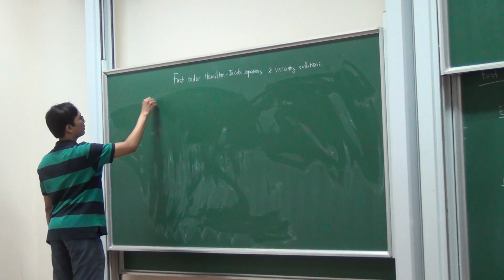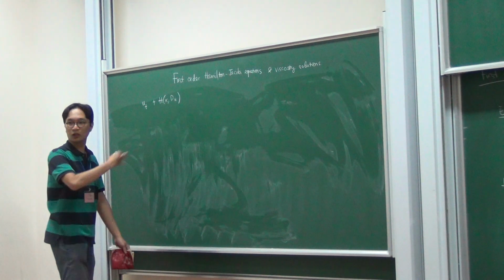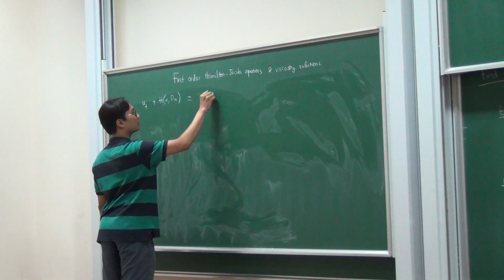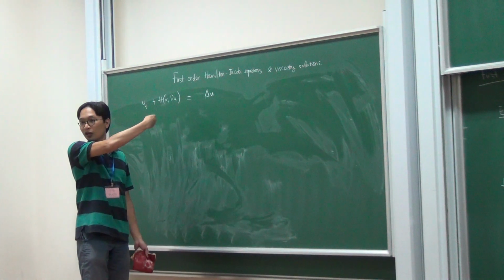This is the usual equation you have in your mind. Why don't we add some smoothing effects? The smoothing effect is some Laplacian, because if you have the Laplacian, it's not the original equation.